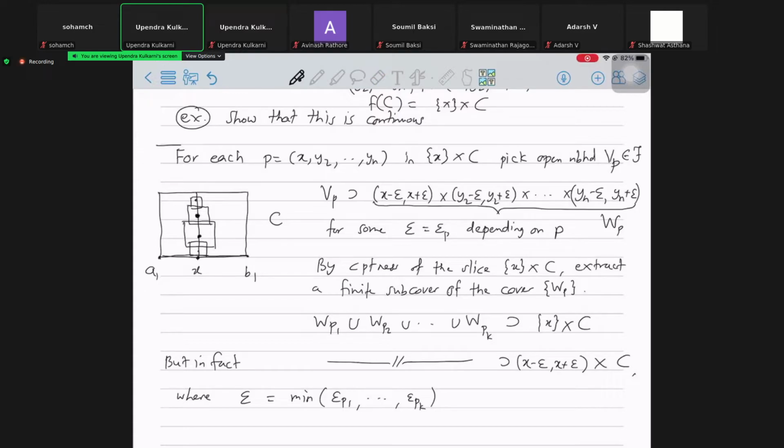The point is that around each point X, for each point X I have the slice, but more than the slice, I'm actually covering a tube by means of a finite number of W's.